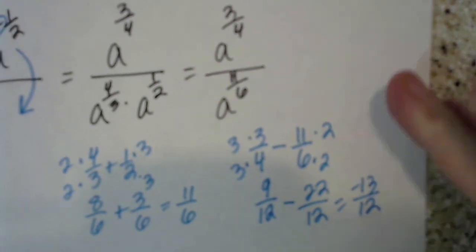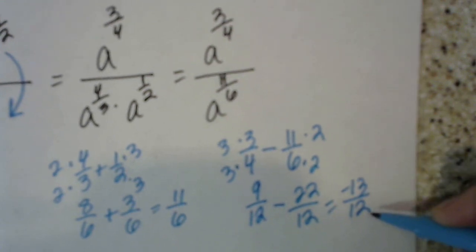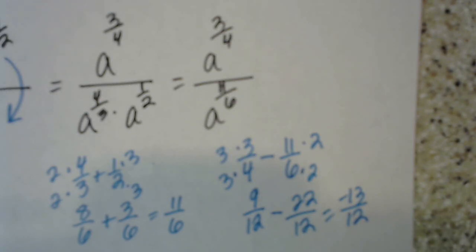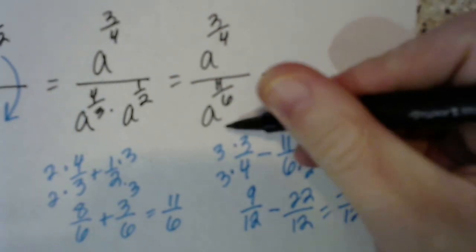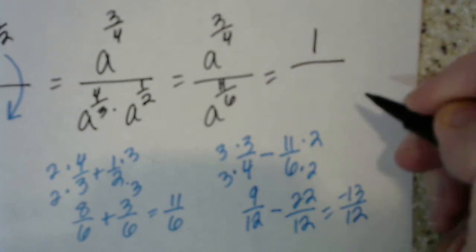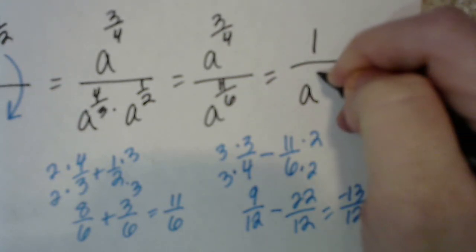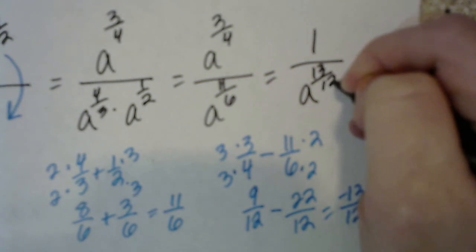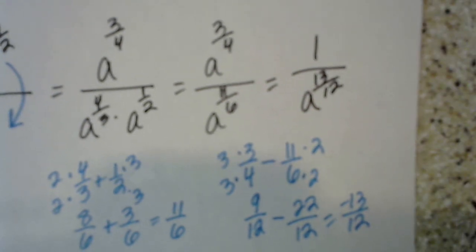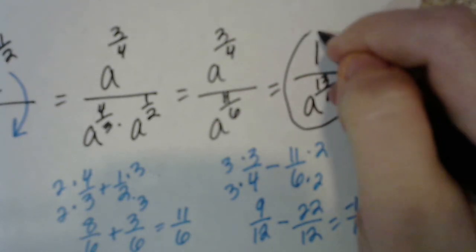So this is what's left over, but I know that it's not going to be negative because I'm going to put it in the bottom where the larger fraction exponent is. So 1/a to the 13/12 would be the final answer to that question.